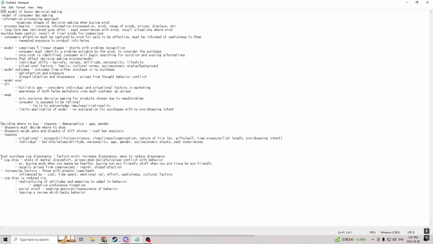And finally, we have the final section, post-purchase cognitive dissonance. It'll also include factors which increase dissonance and also ways to reduce dissonance. So cognitive dissonance is a state of mental discomfort which arises when beliefs/values conflict with your behavior.